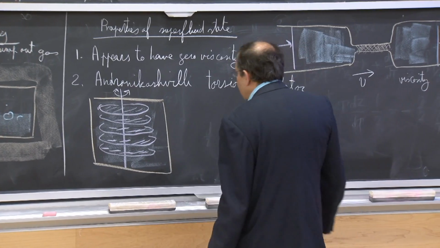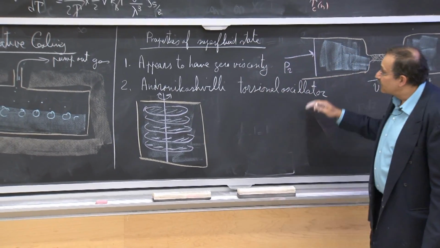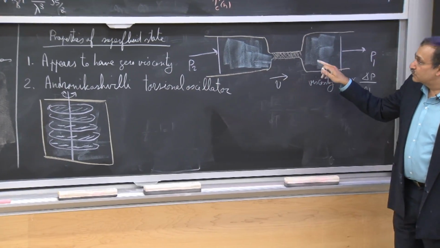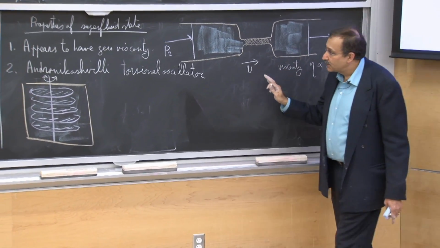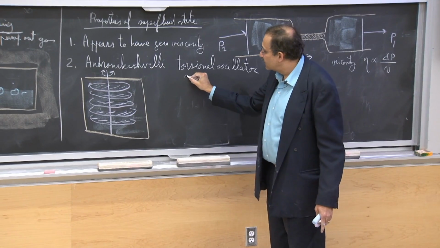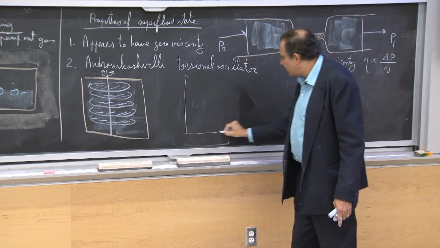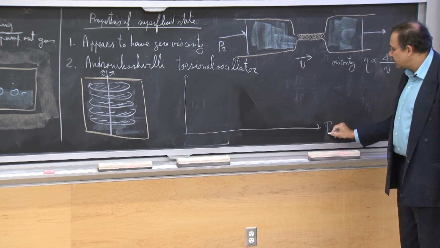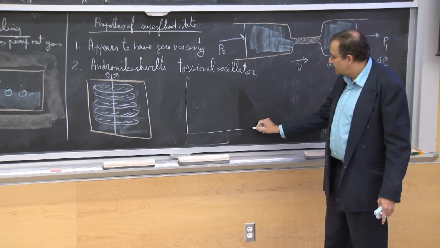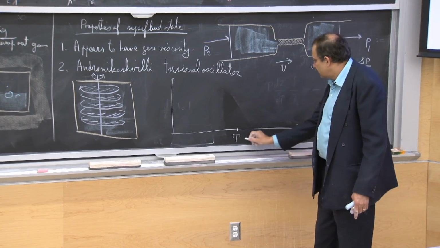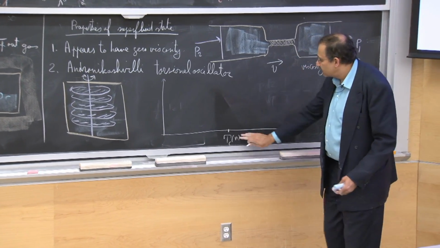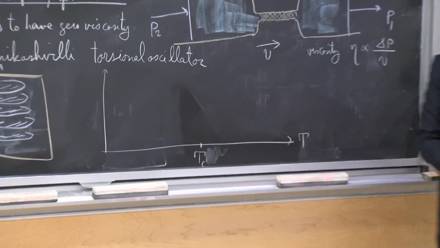Okay? So if you look at this experiment, you would imagine that if I measure the moment of inertia as a function of temperature, something should happen when I hit Tc.